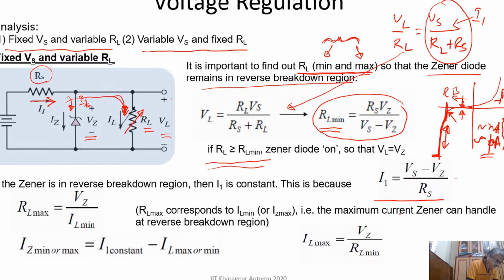We can write IZ max equal to I1 minus IL min, because you see, for RL max, that is the maximum resistance here.